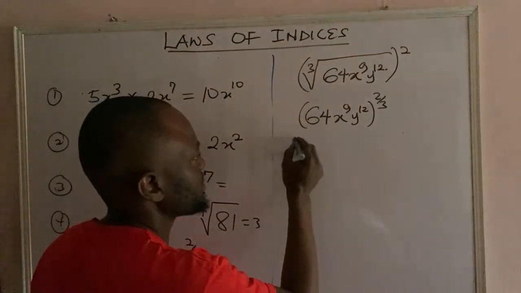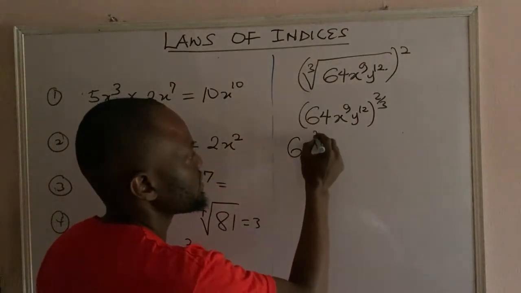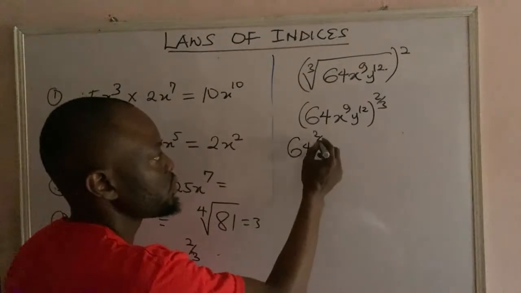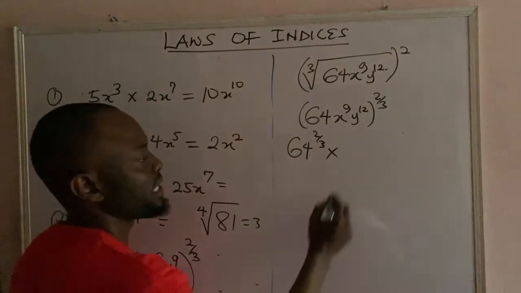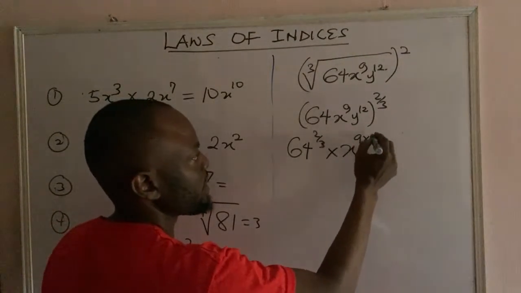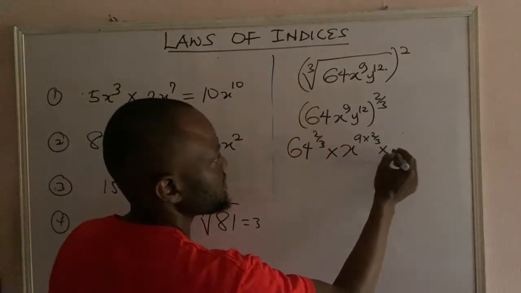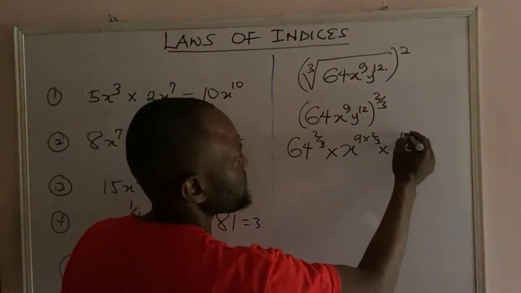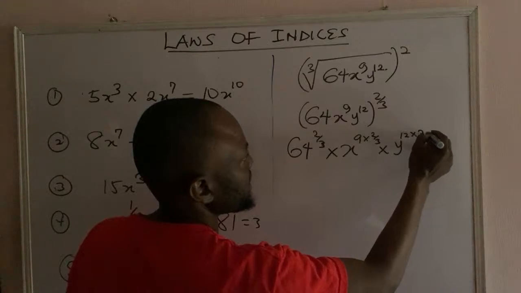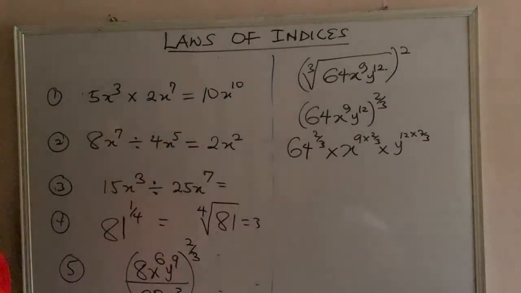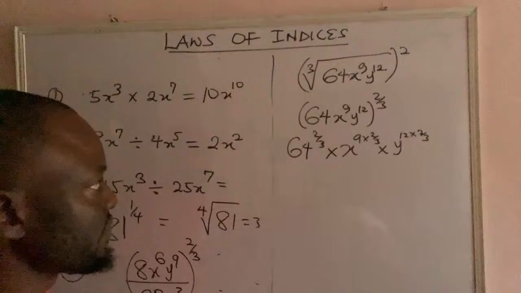If we do that, we have 64 raised to the power 2/3 multiplied by x to the 9 multiplied by 2/3 multiplied by y to the 12 multiplied by 2/3. So we are multiplying by the power. Take note of that.